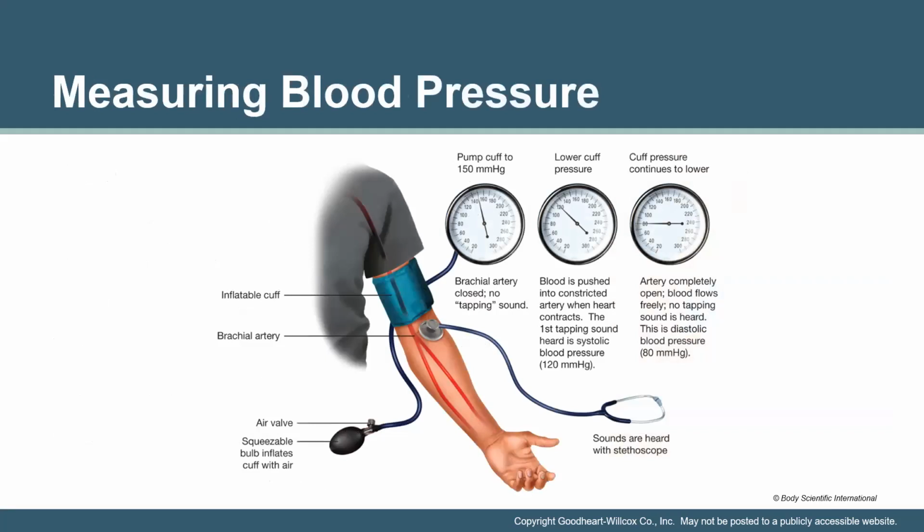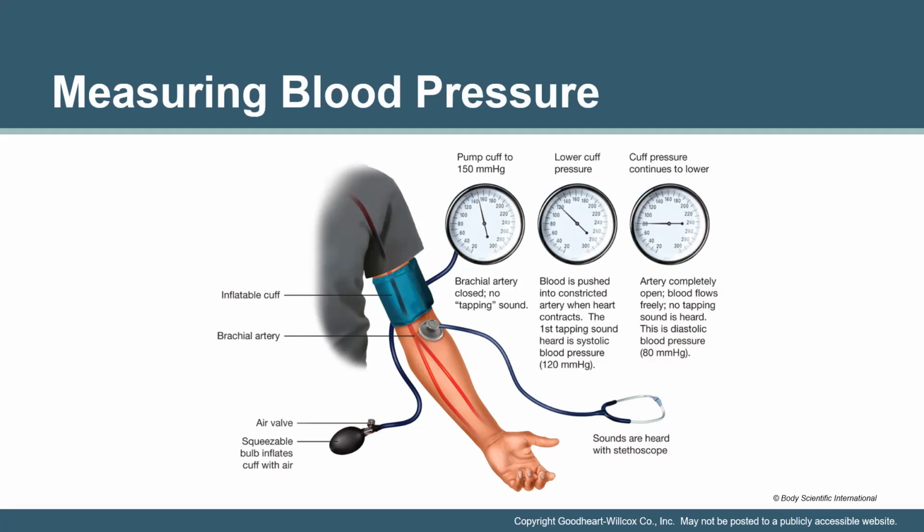Now, when we measure blood pressure, again, we're checking systolic over diastolic pressure, okay? We're using the stethoscope. Again, you're going to place this on the brachial artery.